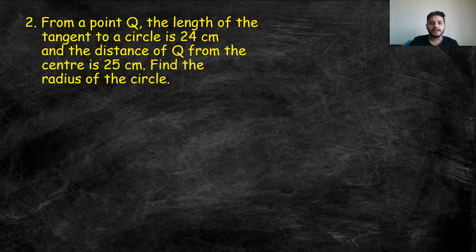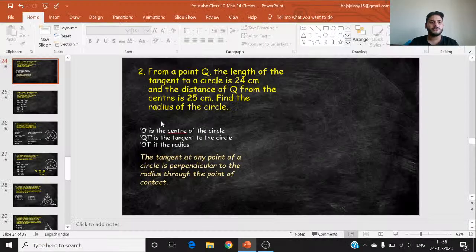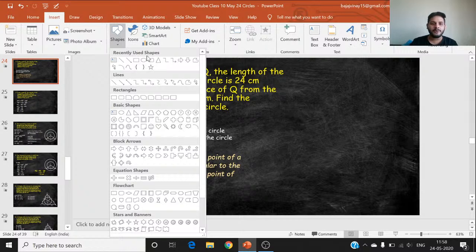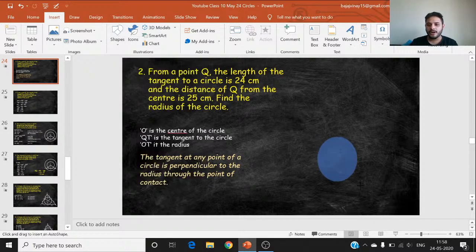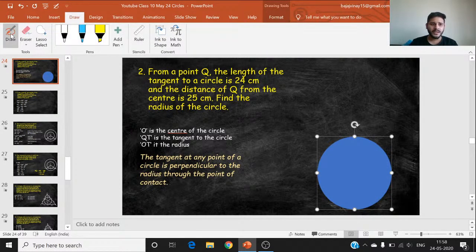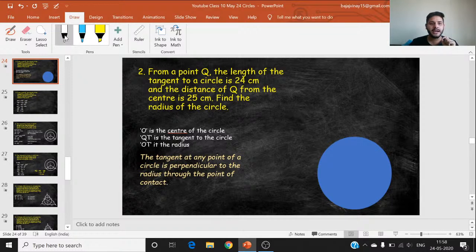So we have a circle. Let me draw it for you all. It will give you a better idea of what I am talking about. Now we have a circle. Then we have a point outside the circle. The length of the tangent to a circle is 24 centimeter. I'll mark Q point here.